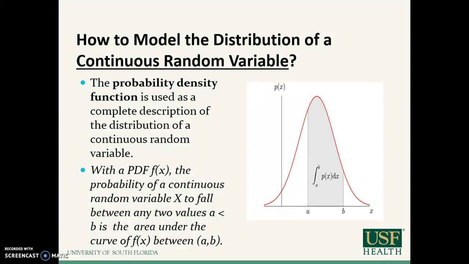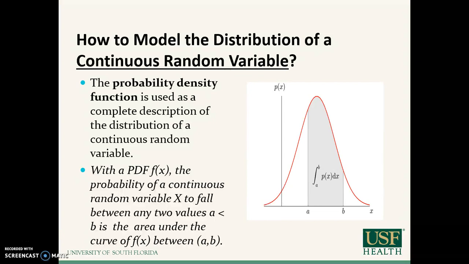More mathematically, with a PDF f of x, the probability of a continuous random variable x to fall between any two values a and b is the area under the curve of f of x between a and b. On the right-hand side, you can see the graph of the PDF.